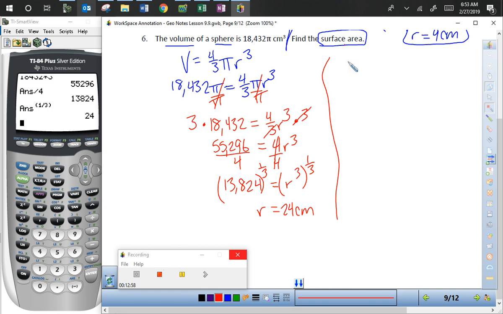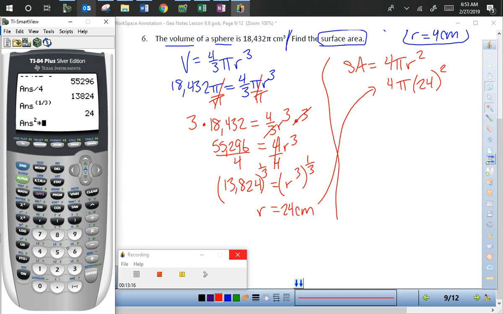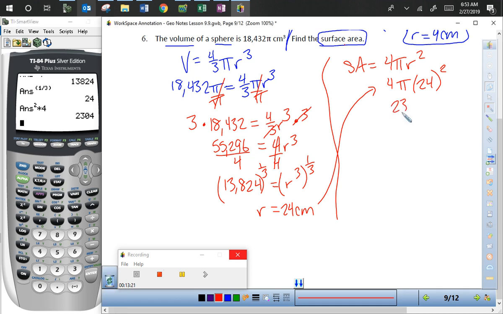Okay, our surface area formula for a sphere on your cheat sheet says 4 pi r squared. So we're just saying 4 times pi times that 24 from over here squared. So we'll take that 24 and square it, and then multiply by 4 to get 2,304.